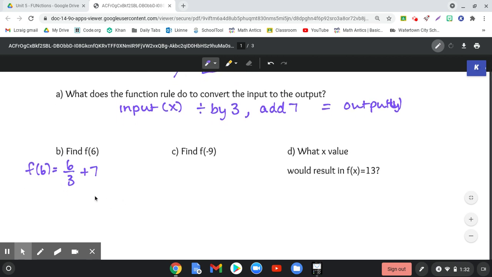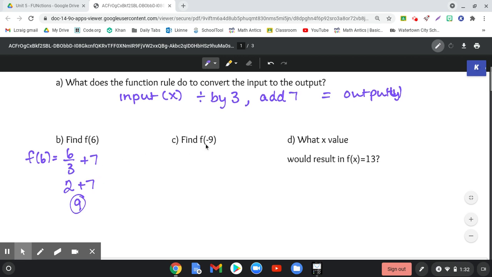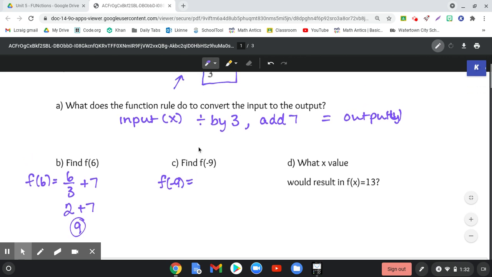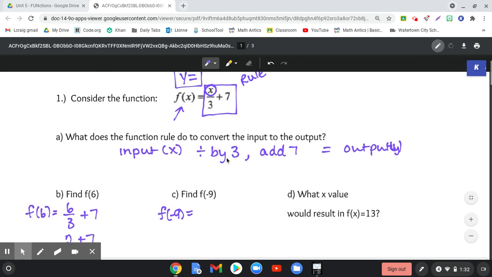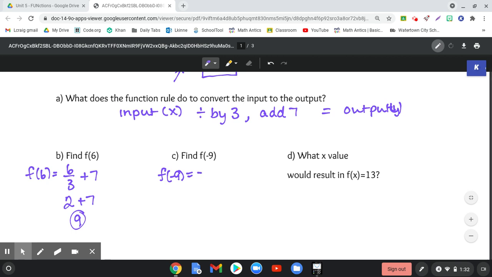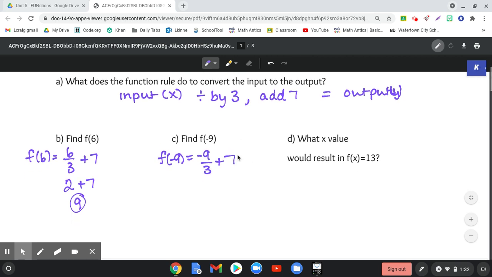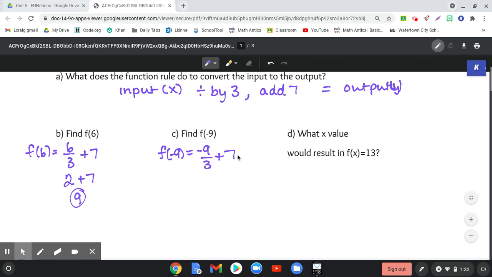So 6 divided by 3 is 2, and 2 plus 7 gives us 9. All right. If it's negative 9, same thing. So f of negative 9 would be, instead of x over 3 plus 7, it would be negative 9 over 3 plus 7. Negative 9 divided by 3 is negative 3, plus 7 is 4.